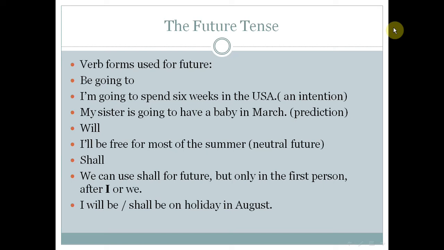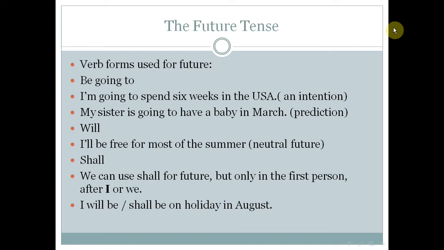It's not an intention here. It's a prediction, based on the real evidence in the present time that my sister is pregnant. So my sister is going to have a baby in March.